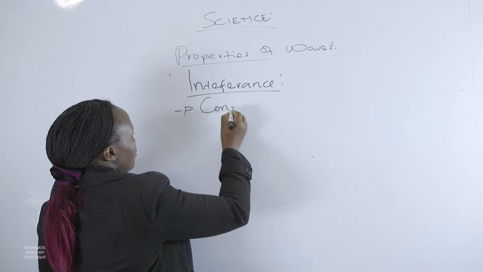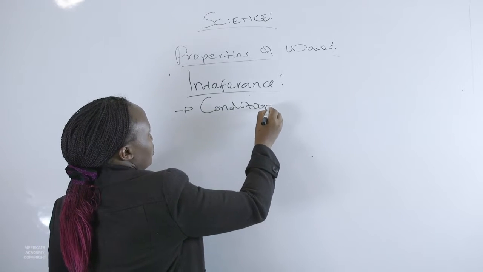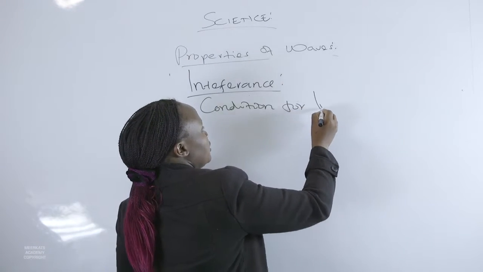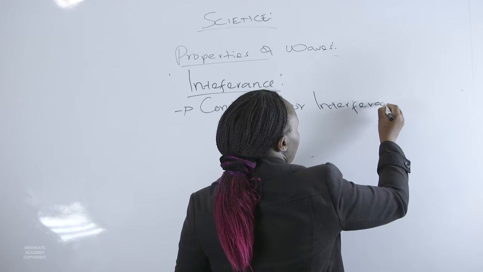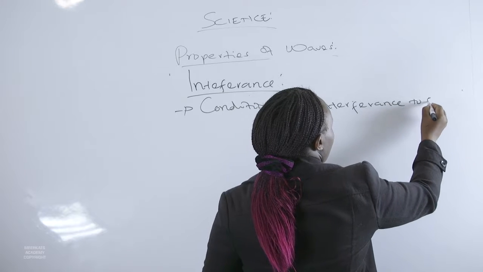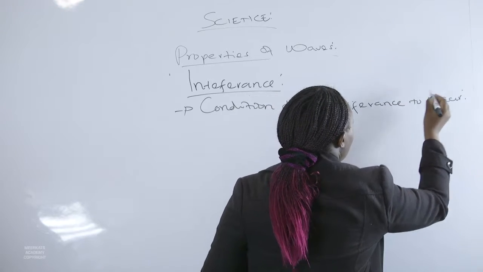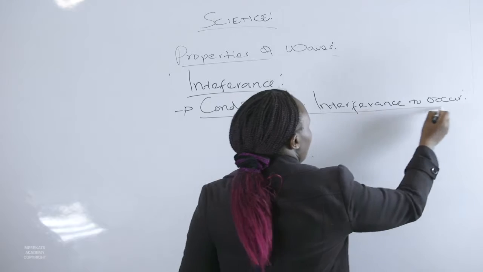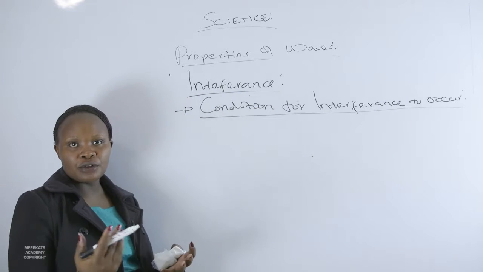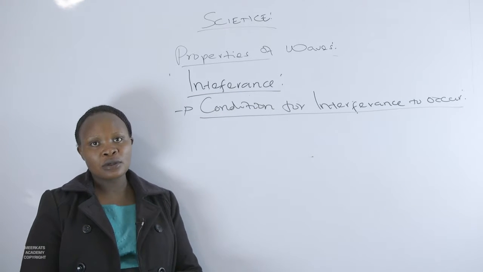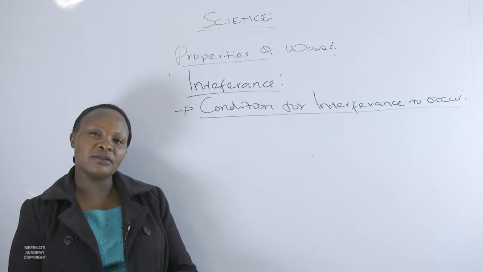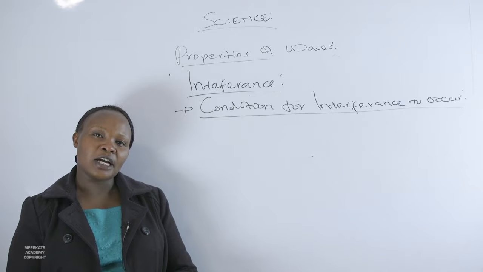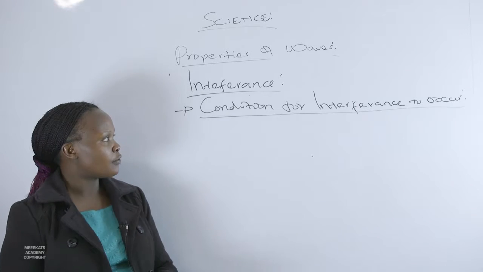Now, for the condition for interference to occur, what conditions should we follow, or what should we observe, in order for us to make sure that interference of our waves is actually successful?